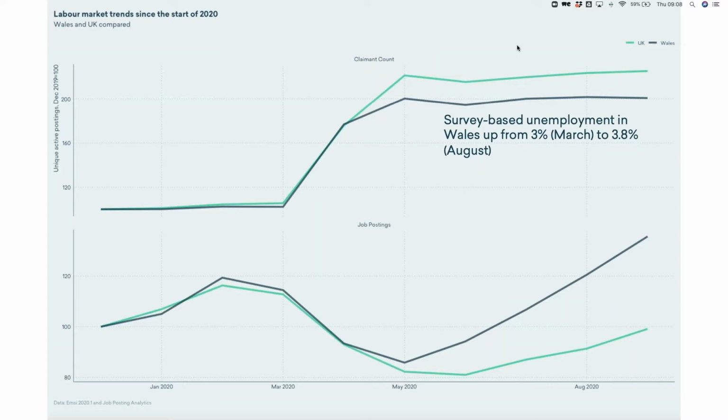We can see on this chart that from March, online job postings really dropped off a cliff edge and then bottomed out around May, and then started to pick back up again. And again, we've got a good uptick for Wales, and probably better than the UK average. So some green shoots of recovery possibly there in the online job posting market.